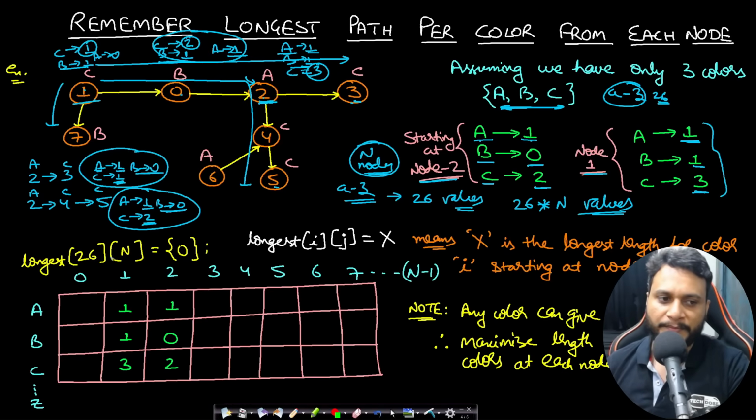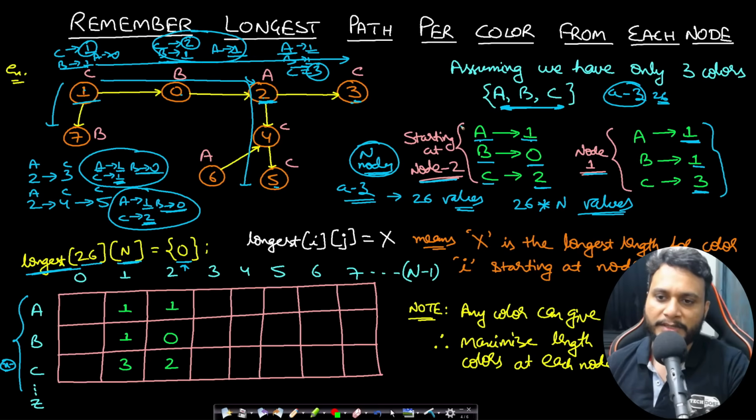And for that reason, we will be taking a two-dimensional table of size 26 by n, and I will be marking all the values with 0 in the table initially, saying that initially none of the colors are occurring. I will be taking the colors on the x-axis, and on the y-axis I have the node.